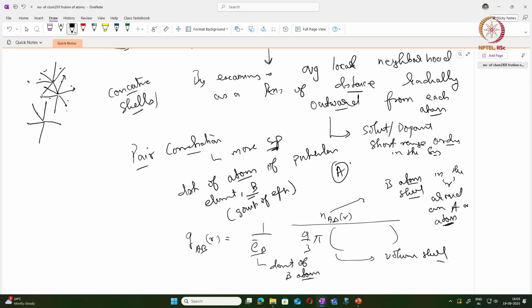These have certain meanings. If your g_AB(r) is 1 for all values of r, it indicates that there is no correlation in the occurrence of that particular element.